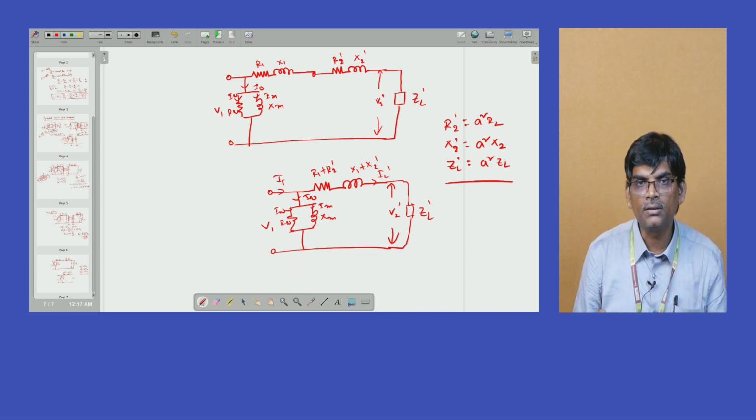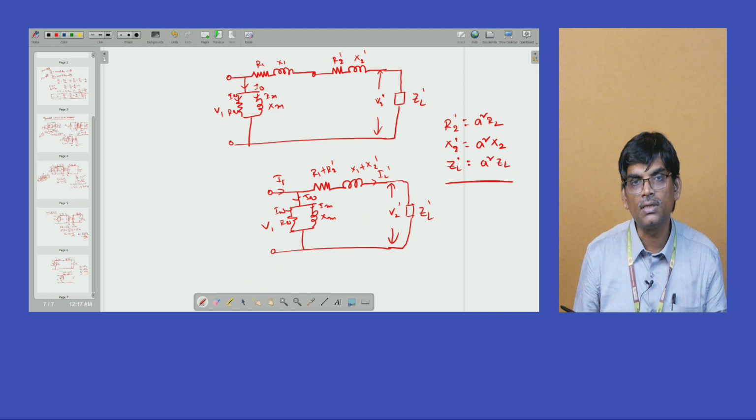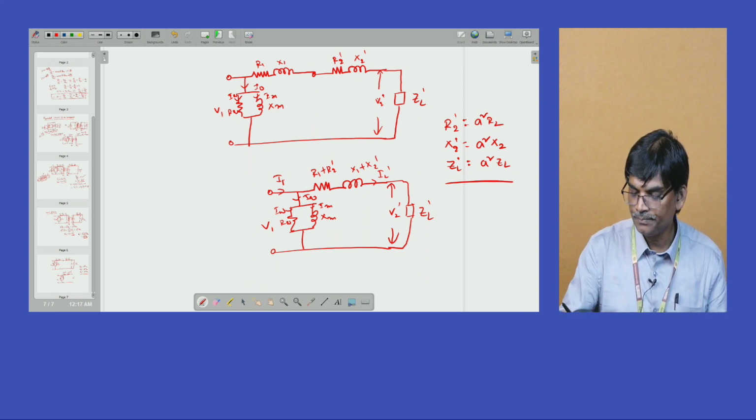Why? Because in terms of 1000 amps, this is negligible. For more simplicity, sometimes for power transformers these shunt parameters are neglected.